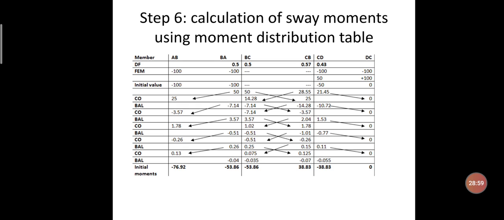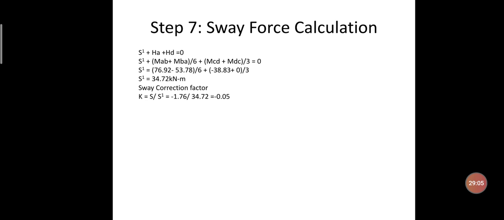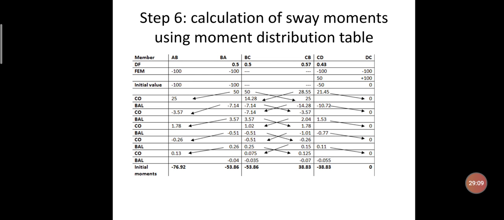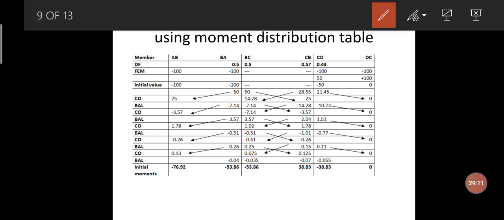So with this, I solve for the sway moments by using the moment distribution table here. For sway moments, the members are the same, and I have got the same moment distribution table here. The members are AB, BA, BC, CB, CD and DC. The distribution factors remain the same, which I have calculated using the non-sway analysis.